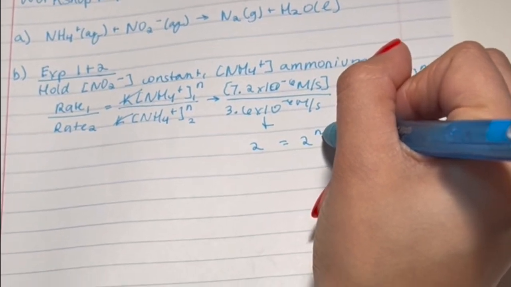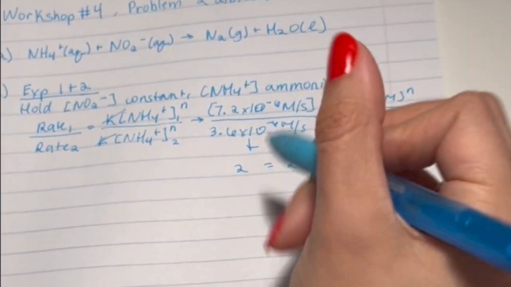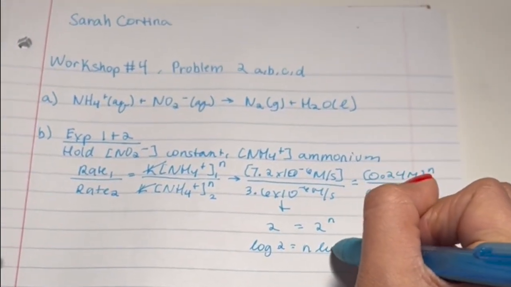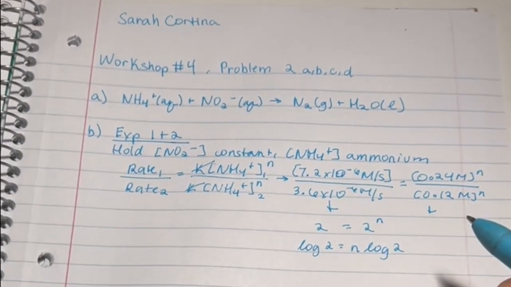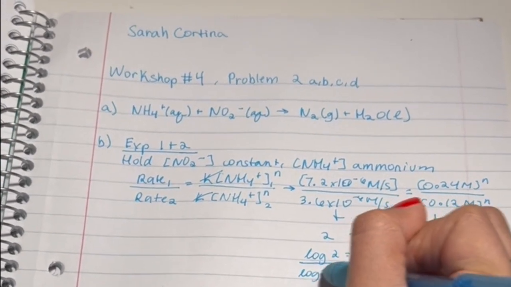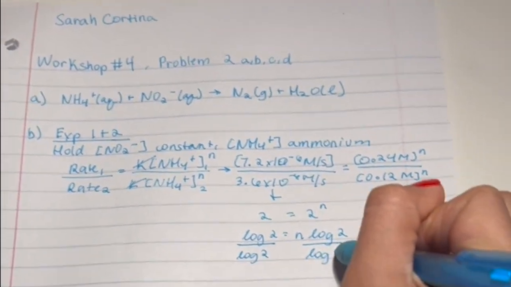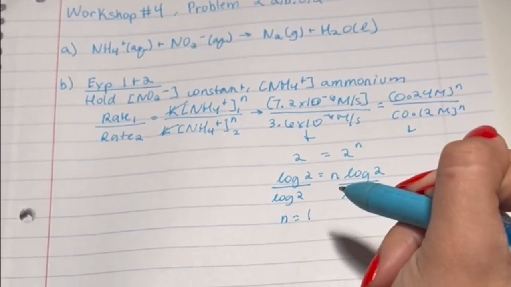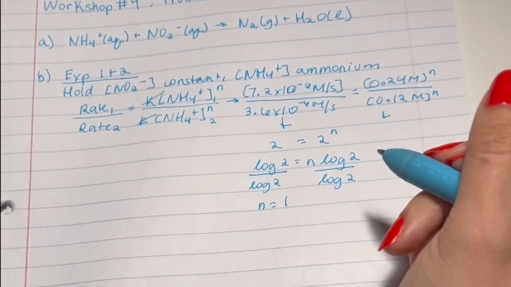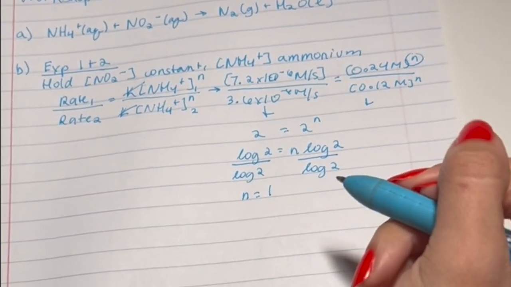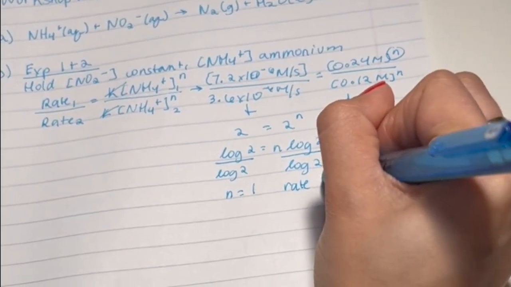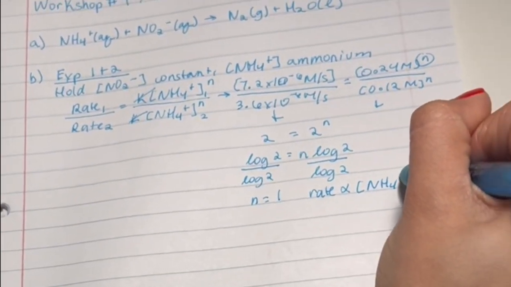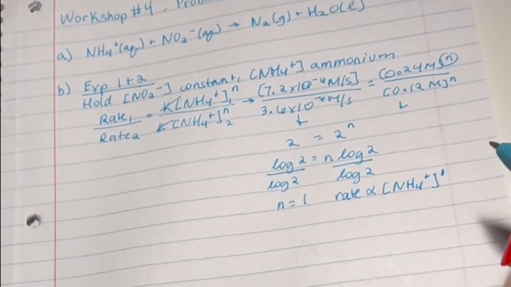To get the exponent down, we want to take the log of both sides, and that lets you bring down N. Then you can divide both sides by log of 2 to isolate N, and you get that N is 1. So if N is 1, then the rate is NH4 plus to the first power.